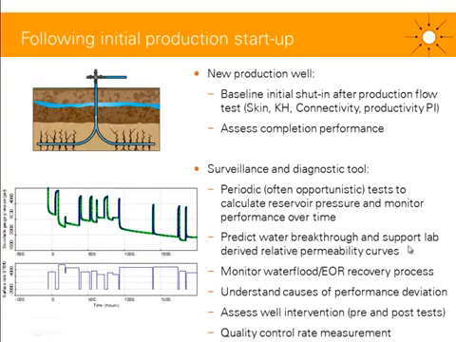And you can also support the lab-derived relative permeability curves. You can monitor your waterflood process or any other recovery process. You can understand the causes of performance deviation. That is quite interesting because then you can prepare, you can get a better tailored well intervention. You can assess well intervention with a pre and post test, and you can also quality control your rate measurement.